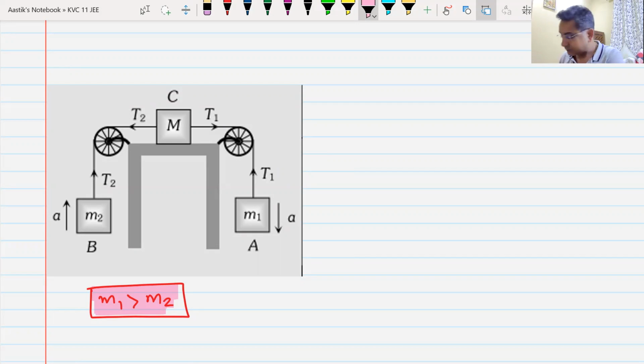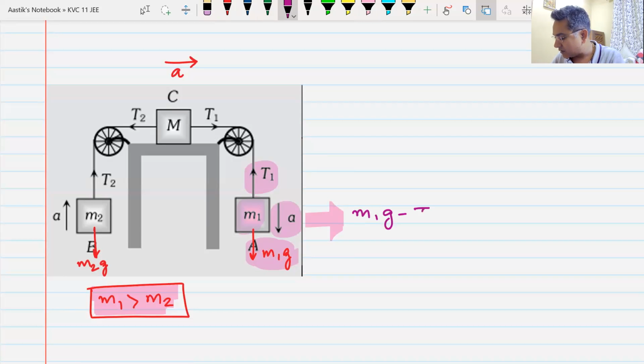I think if you draw the free body diagram, it will look like this. This is M1G. Tension is different because there are two strings. Do we see this? Yes or no? This is M2G. This block is going to move here. I can write the pink equation of this block. How does the pink equation look like? This block is going down.